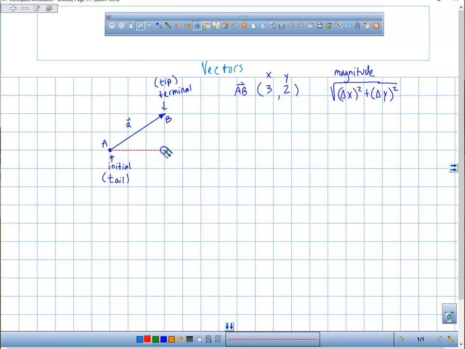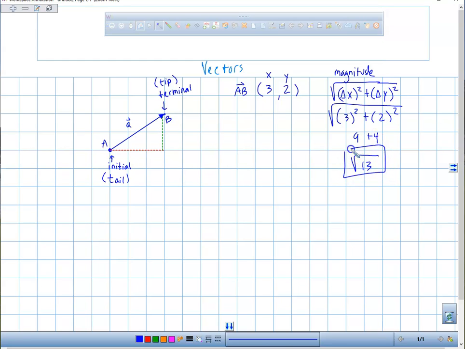Here's our X component, and here's our Y component. So all we do is take the change in X, which is 3, we square it. We take the change in Y, which is 2, we square it, and we get 9 plus 4. So our magnitude would be the square root of 13.